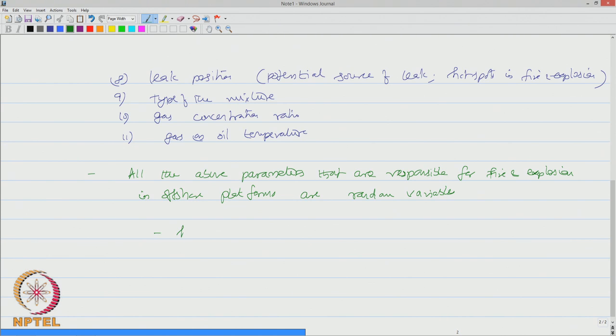Therefore, a huge number of hazard scenarios can be possible in reality.